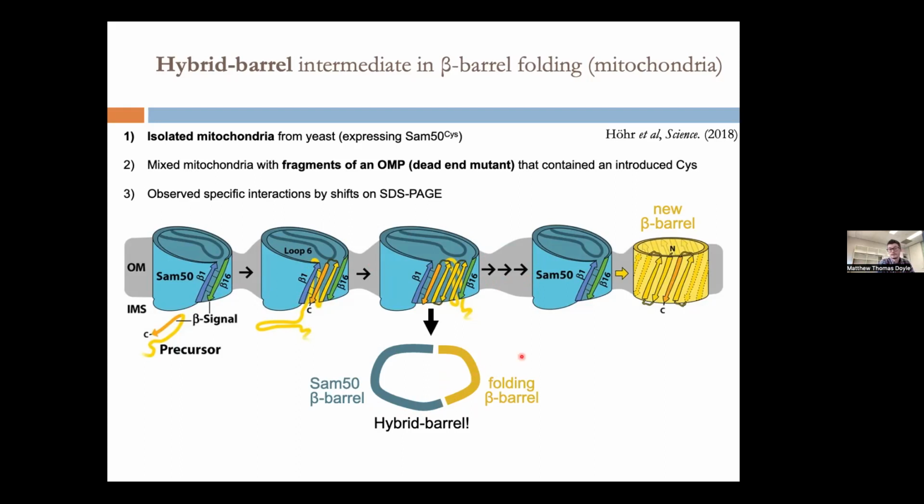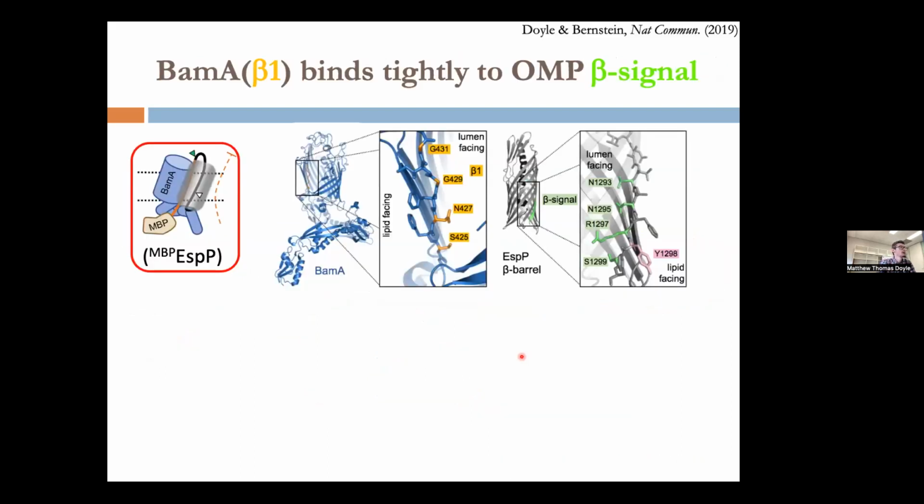And I realized what we could do with my system in bacteria is do exactly the same thing. So what I did was introduce single cysteines on strand 1 of BAM-A in these positions, all barrel lumen facing residues, and likewise barrel lumen facing residues in our stalled ESPP barrel in the final strand beta signal.